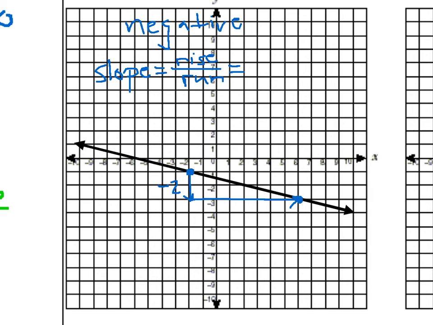Positive or negative, Haseen? +8. So the rise we wrote down was -2, and the run we wrote down was +8. What's wrong with this answer? Edwin? It's not simplified. So if I want to go ahead and simplify this, use a factor of 2. That's going to give me -1/4.